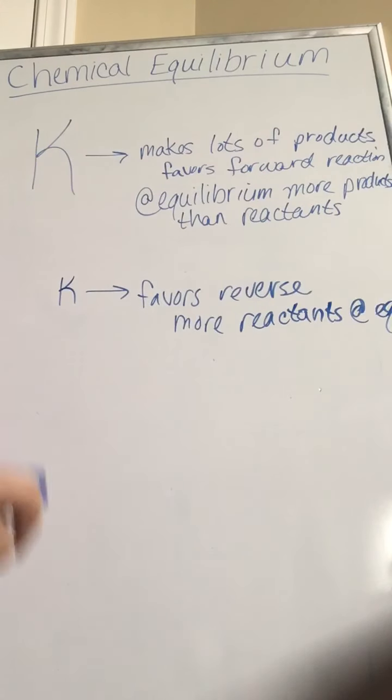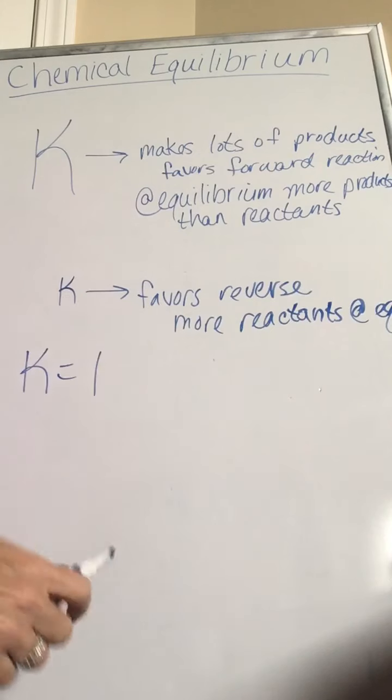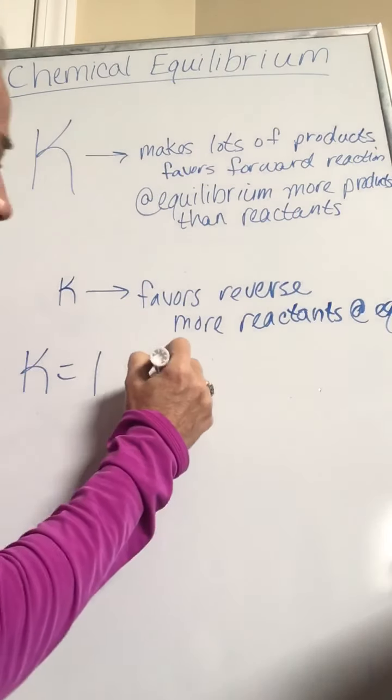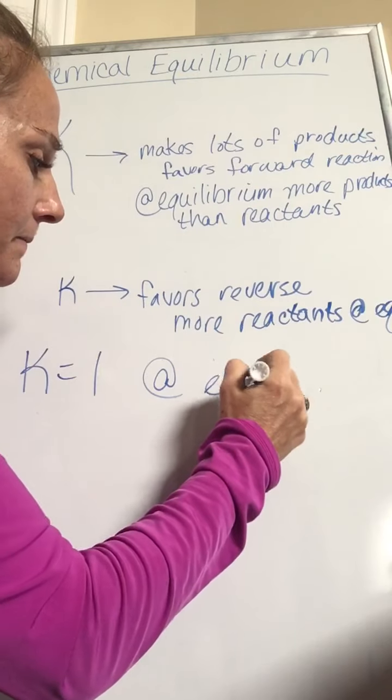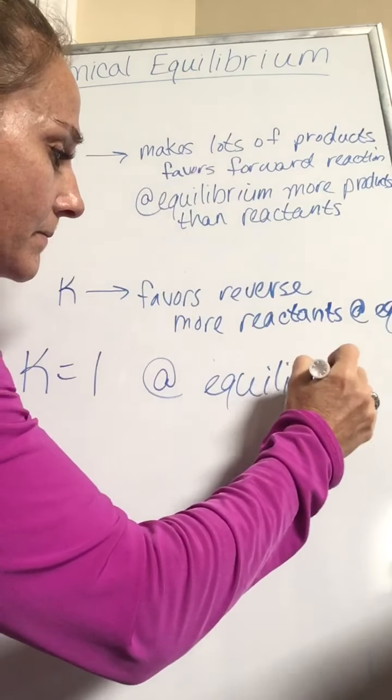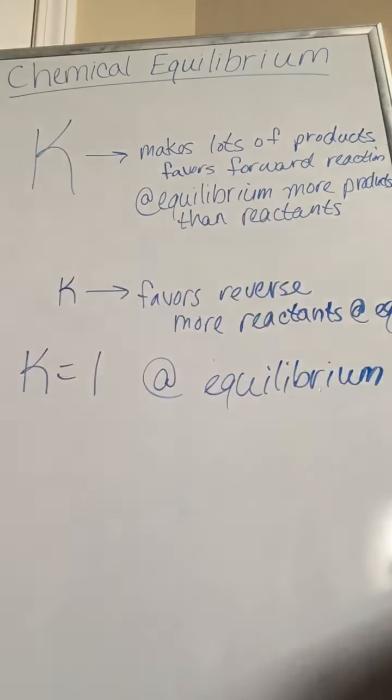Now if K equals 1, then it is at equilibrium. So those are the three ways that we can evaluate what a reaction is doing based on the equilibrium constant.